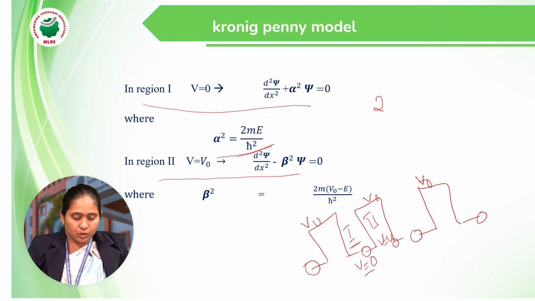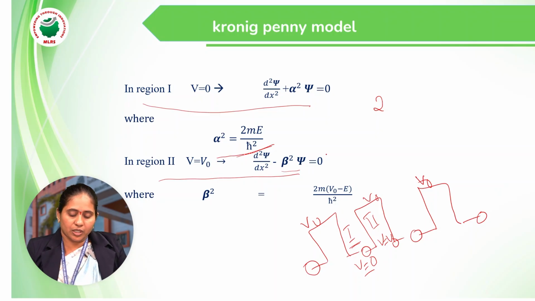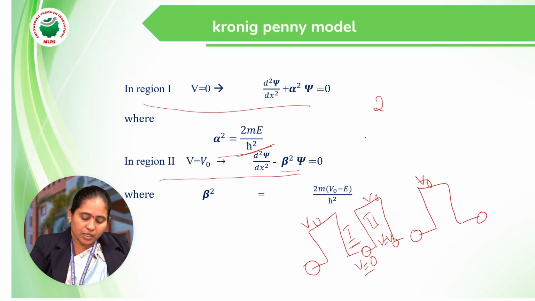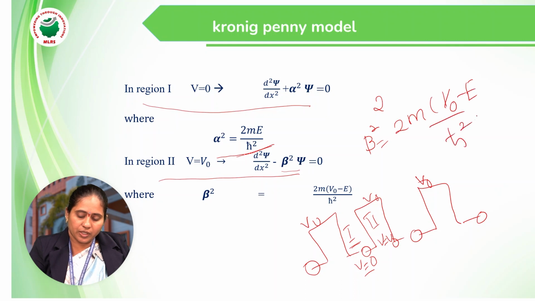Next, region 2, where V is equal to V naught. If you substitute, then what you will get is d square psi by dx square minus beta square into psi, where beta square is 2m into (V naught minus E) by h cross square.